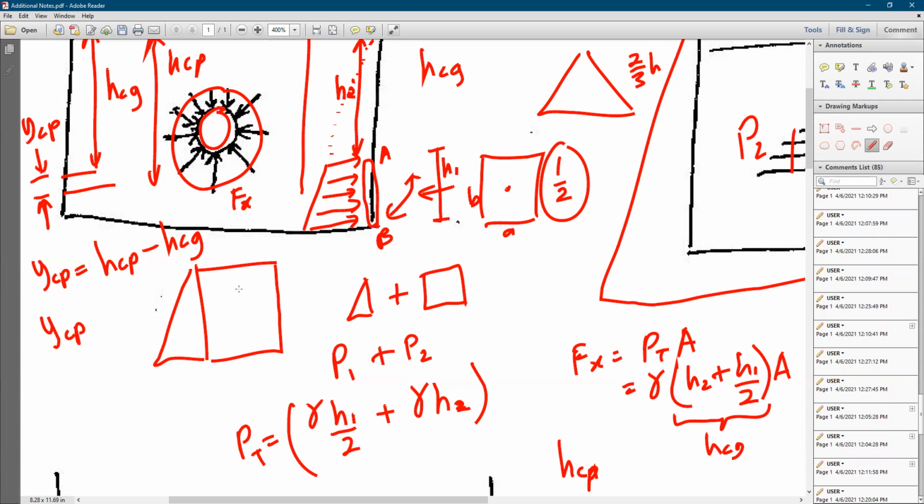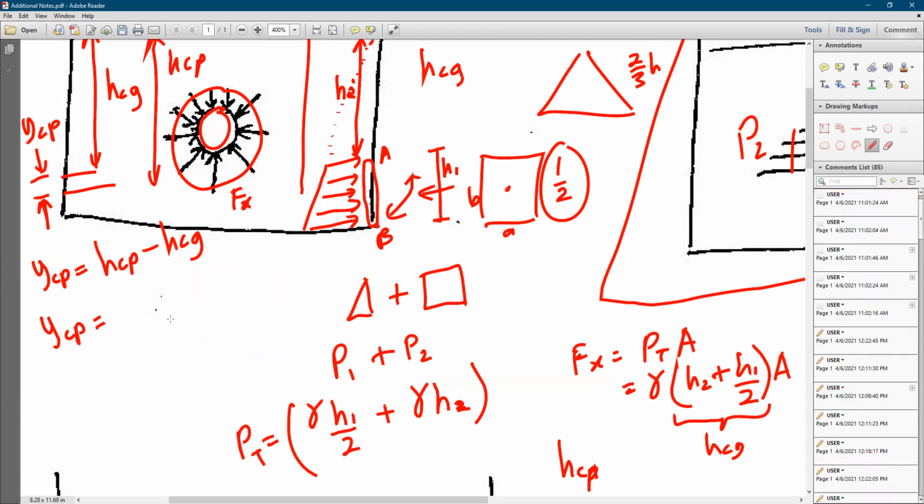Can I remove this one? Because I need some space. YCP is actually IXX sine theta over HCG times A.